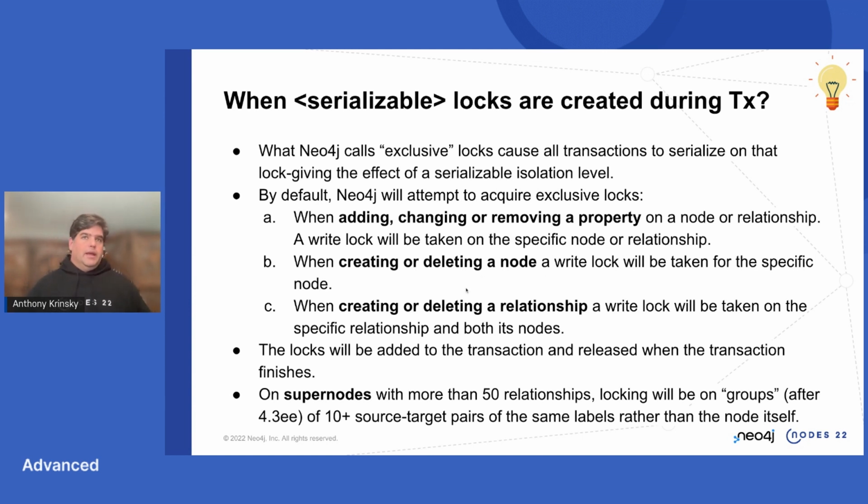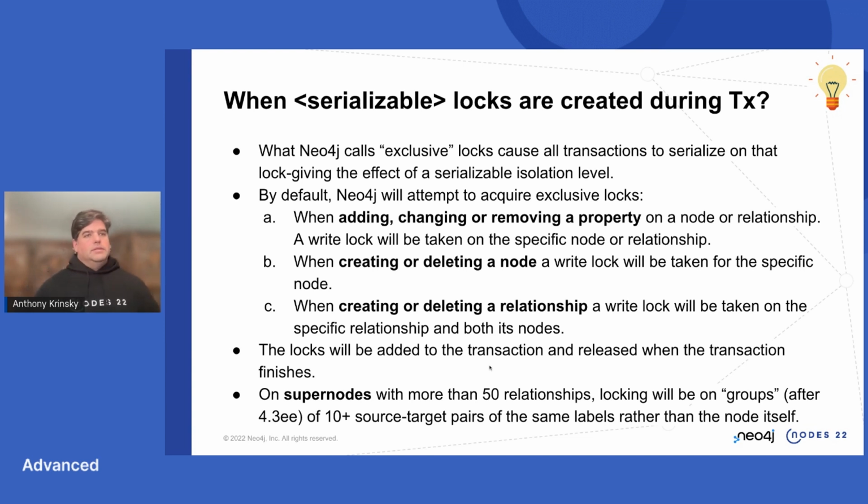When you're creating or deleting a node, a write lock will be taken for that node. When you're creating or deleting a relationship, a write lock will be taken on the relationship and both the source and the target of that relationship. So locks are added implicitly when the transaction is created and then released when it finishes.